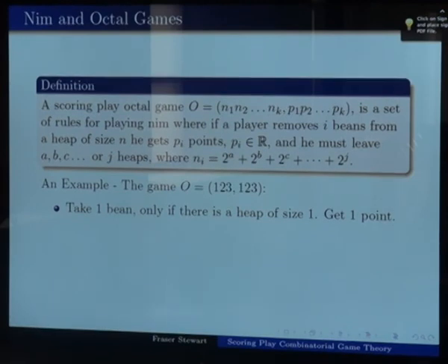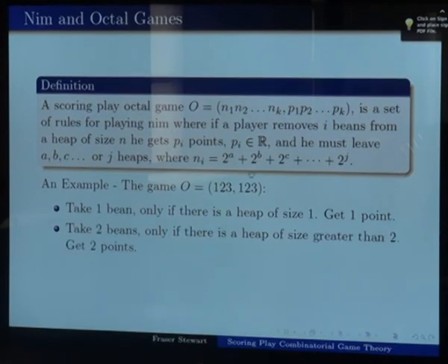If there's a heap of size 2, you can't take one bean, so when you take one bean, you have to leave a heap of size 0. You can take 2 beans only if there's a heap of size greater than 2, and when you take 2 beans, you get 2 points. And you can take 3 beans whenever possible. In other words, if there's a heap of beans greater than 3, then you can always take 3, and you get 3 points. So that's just what that means. These are just the rules determining how you take beans from particular heaps.